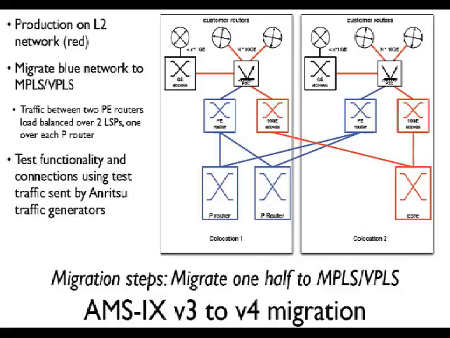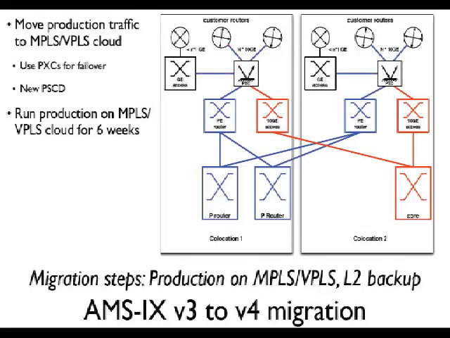Then we basically changed the blue network to MPLS, VPLS. We tested this whole network using our traffic generators, and we moved the production traffic over it. We used the PXEs to switch all the traffic to the blue network. We ran our new software, and we ran this in production for 6 weeks during the summer.